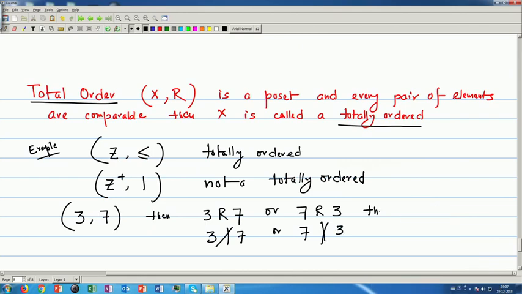So, they do not hold. So, it is not a totally ordered set.